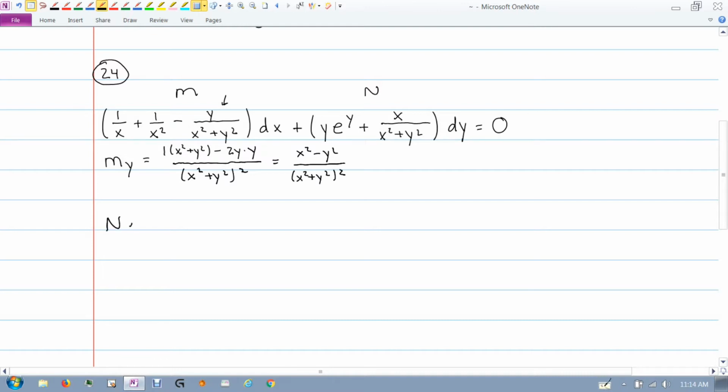Alright, the partial of n with respect to x is just quotient rule here. So it's going to be kind of the same story. Derivative of the top is 1 times the bottom minus derivative of the bottom with respect to x, which is 2x times the top, all over the bottom squared.